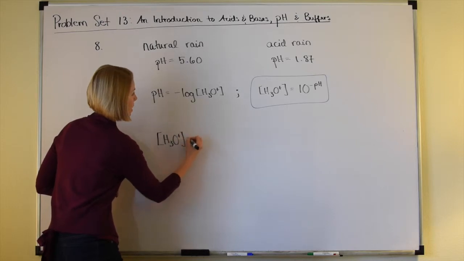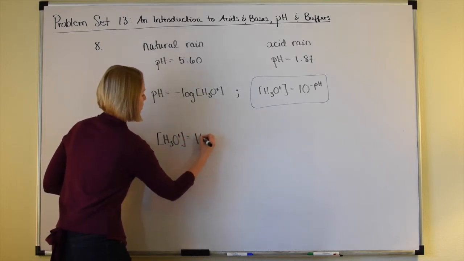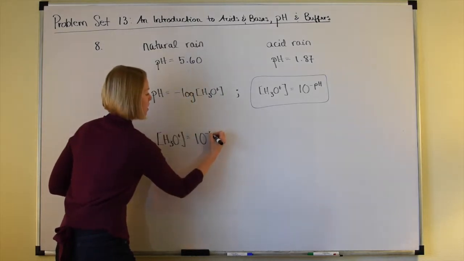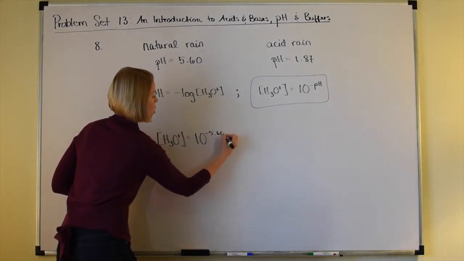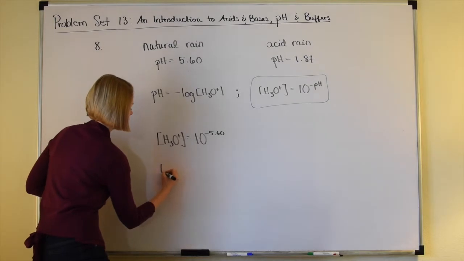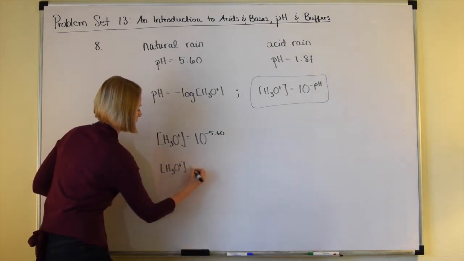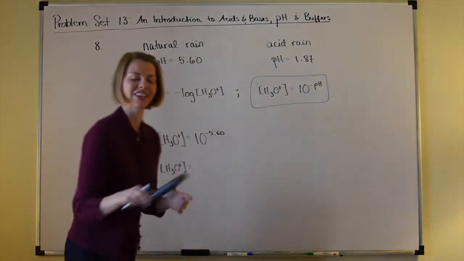The hydronium ion concentration will be equal to 10 to the negative pH, which is 5.60. So the hydronium ion concentration will be, I'm going to grab my calculator here.